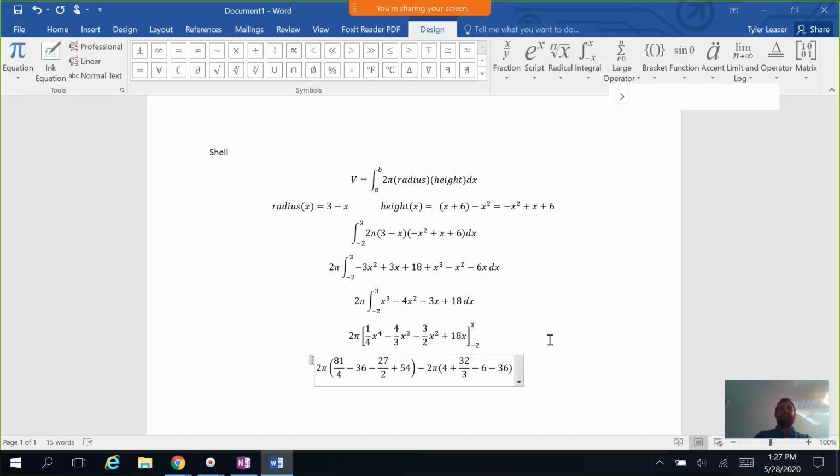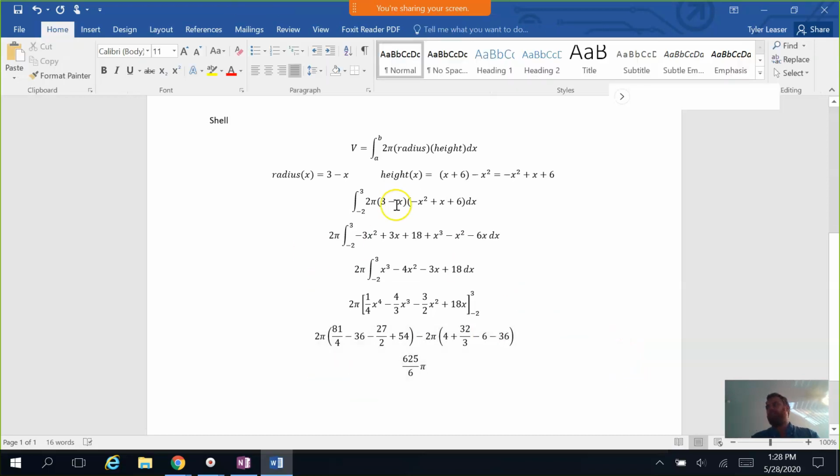Okay, I tried to just do that mostly in my head, but then we get that, and then just combine all the numbers together. So I got this: 625/6 pi.